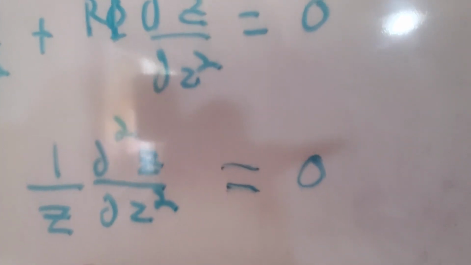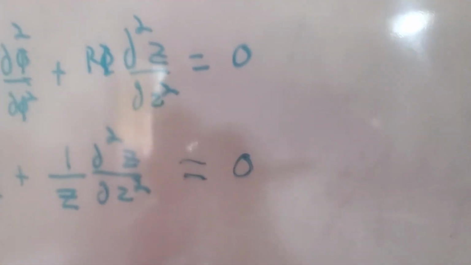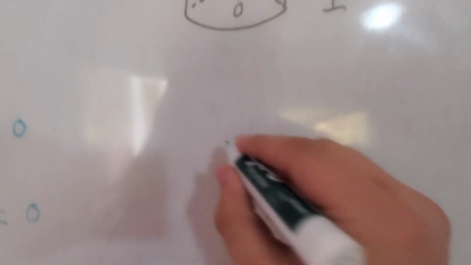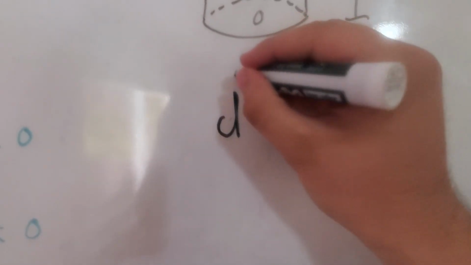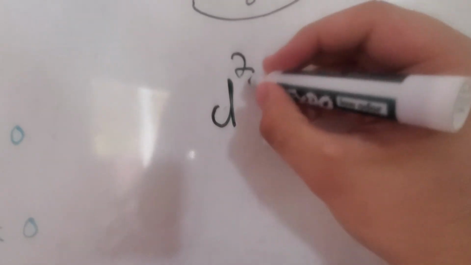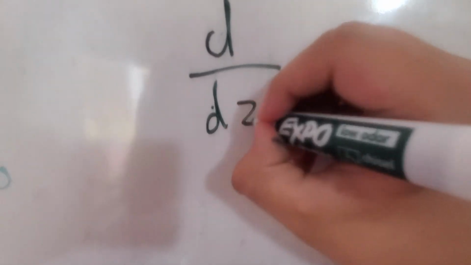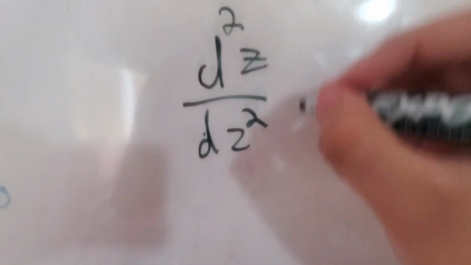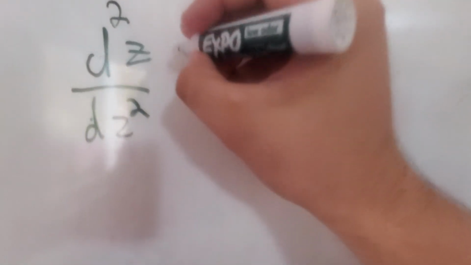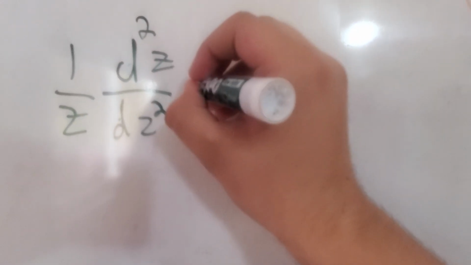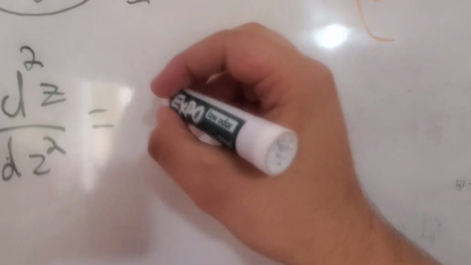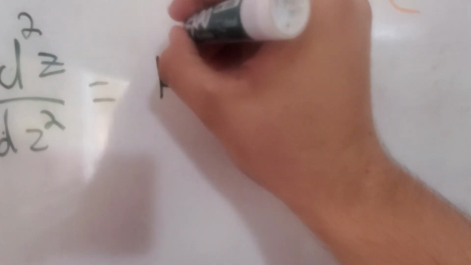Here we have the z term. And what this tells us is that we now have an ordinary differential equation that looks like this, equals some constant squared.